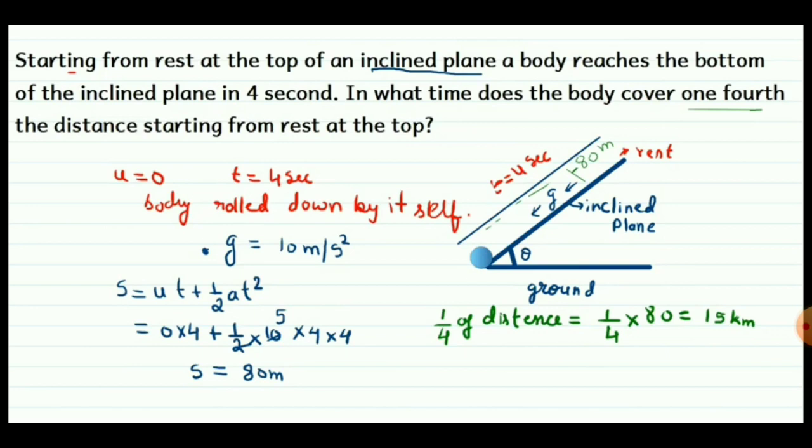Now again we have distance, we have acceleration, so we can use the same formula: s is equal to ut plus half of at square. Now again we can place the values. This time we are placing the value of distance as 20. Oh, by mistake I have written 15, so let me erase it.